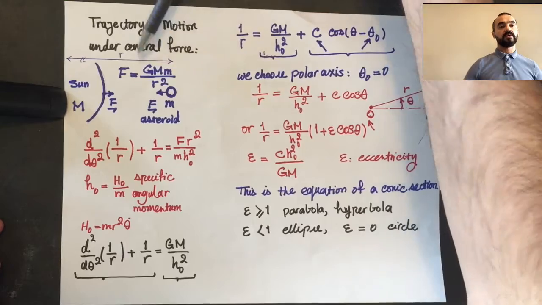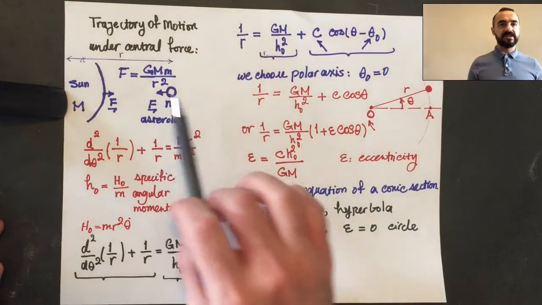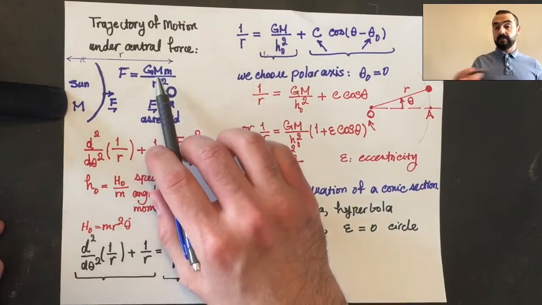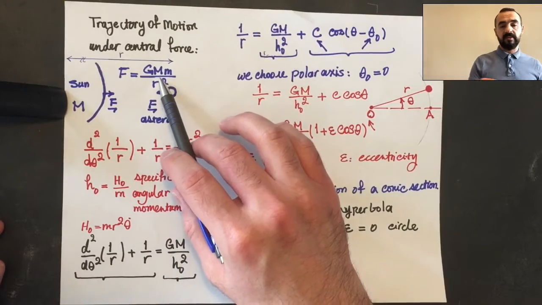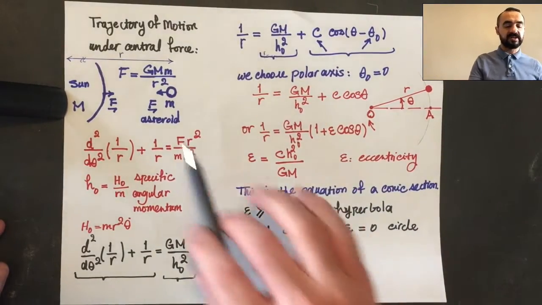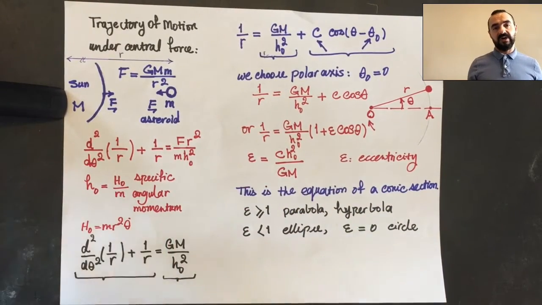G is our universal gravitational constant. r is the distance between the asteroid and the center of the sun. And capital M, for example, if you're interested in the motion of the asteroid about the sun, is the mass of the sun, and small m is the mass of the asteroid, and r is the distance from the center of the sun to our asteroid.